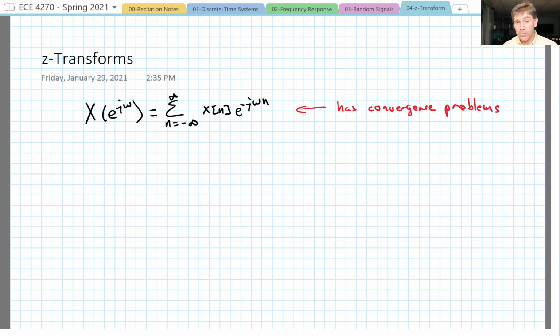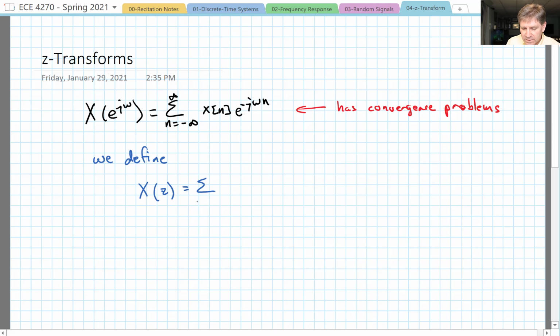It turns out there are many applications of the Z-transform, including in combinatorics and other disciplines where you might not expect the Z-transform to be very useful, but it does in fact prove useful. The Z-transform is defined in essentially the same way as the DTFT, except that instead of e to the negative j omega n, we will just put z to the minus n.